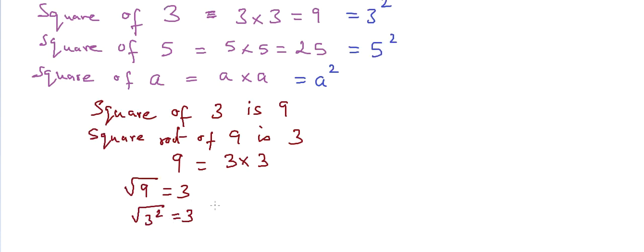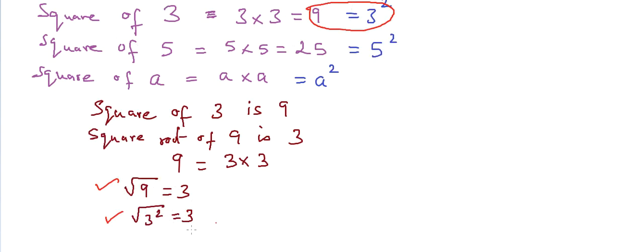Isn't it? Because square of 3 is 9. So 3 square is 9. So square root of 9 is nothing but square root of 3 square, which is equal to 3.